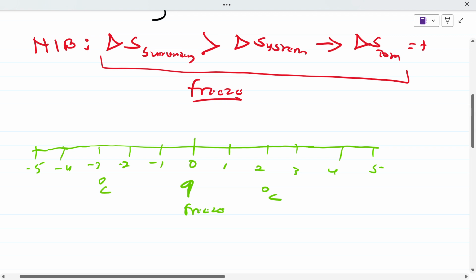So at 0, water will start freezing, meaning it is changing from liquid to solid. So I can have two scenarios.